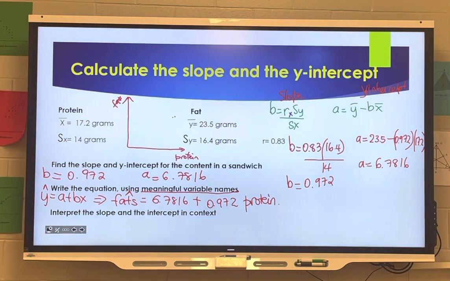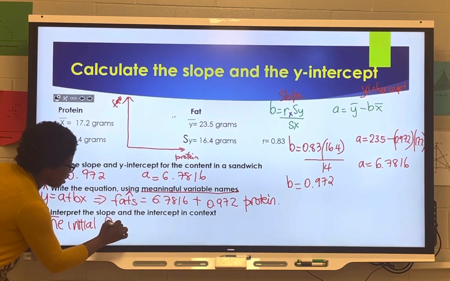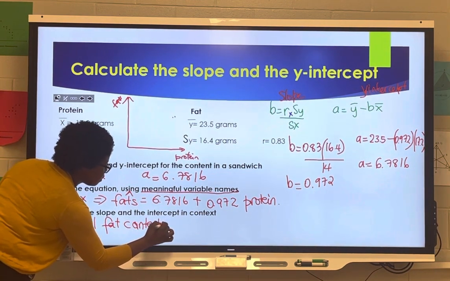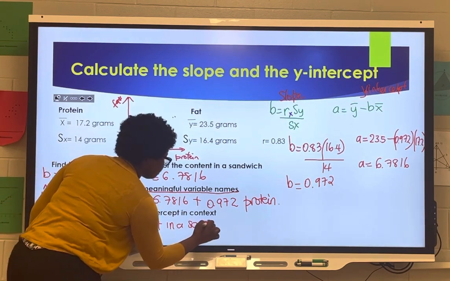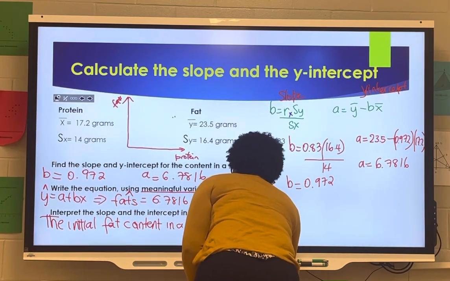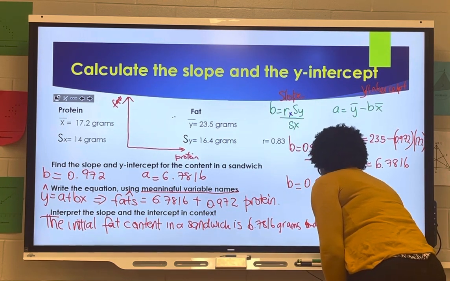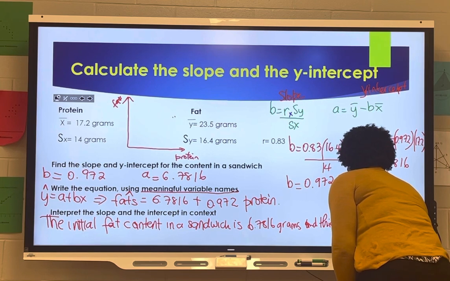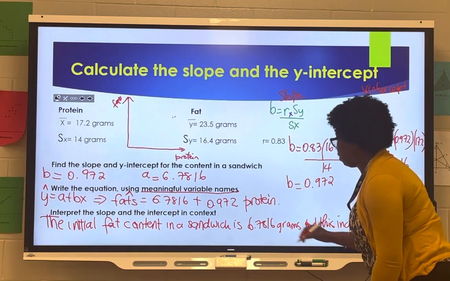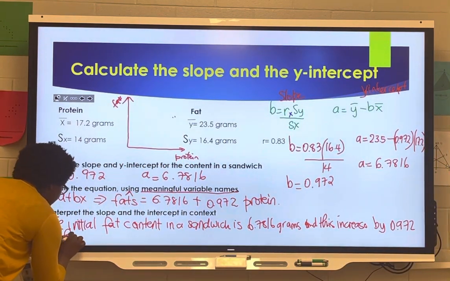Now we want to interpret this data. What is the slope, what is the intercept saying? We can say the initial fat content in a sandwich is 6.7816 grams, and this increases by 0.972 for every gram of protein added.